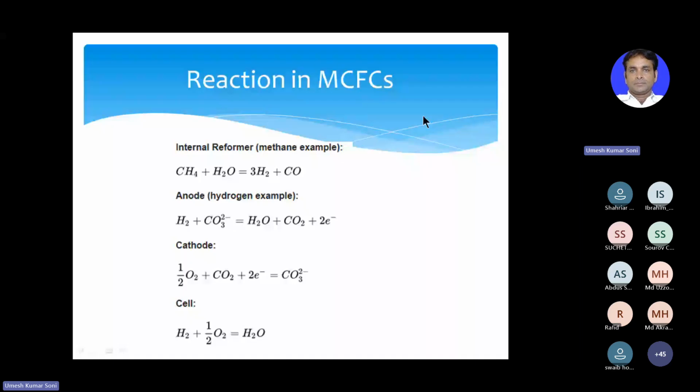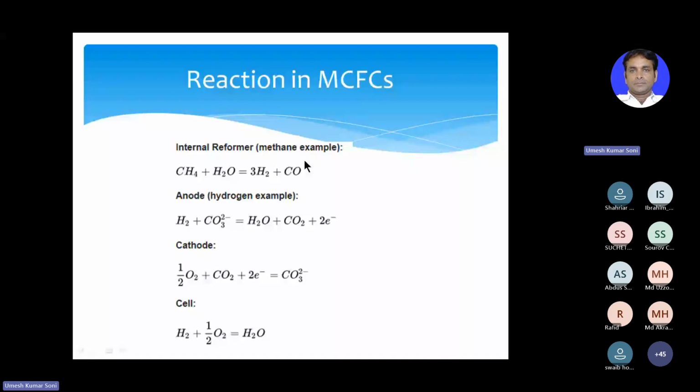Here, methane is reacted with water at a high temperature, and it generates hydrogen and carbon monoxide.